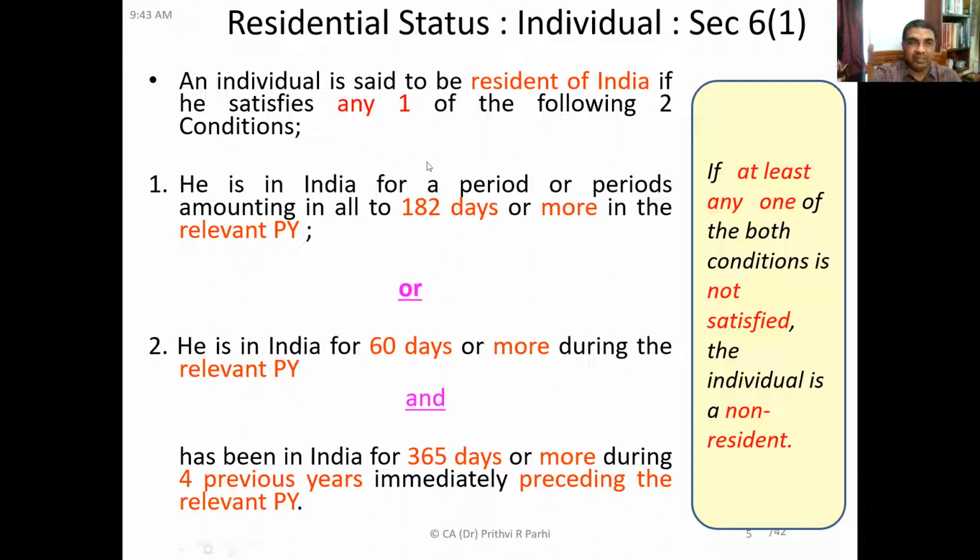So if either condition number 1 or condition number 2 is satisfied, and condition number 2 has 2 elements, so both things have to be satisfied, we can classify that individual as a resident in India.